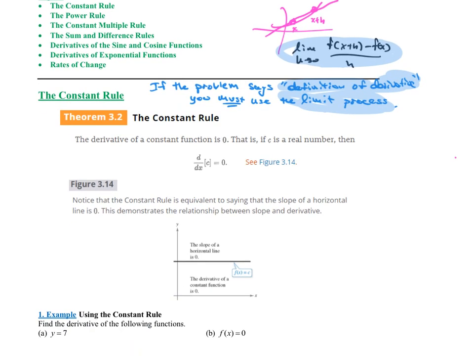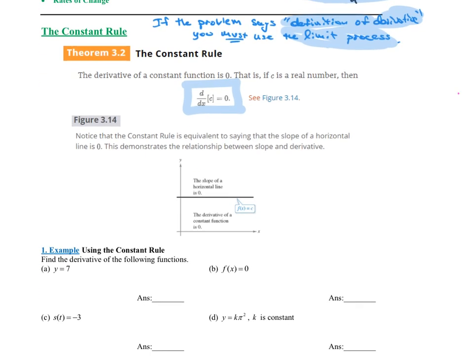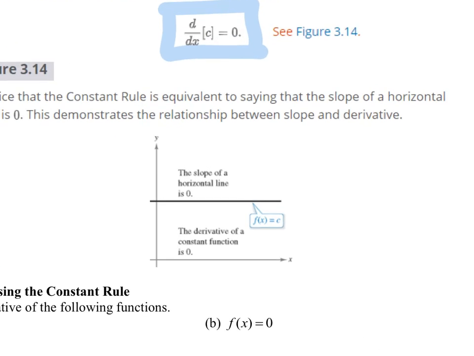So the first rule is the constant rule. What's the constant rule say? The constant rule says the derivative of any constant, a constant is just a number, is 0. And let's see why that has to be true. Think about a function like f of x equals 2. If this is f of x equals 2, it would be y equals 2.